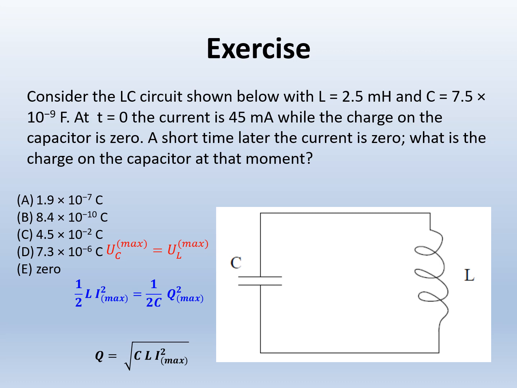So we can say that the maximum energy in the capacitor equals the maximum energy in the inductor, and write two expressions. Use the energy expressions for the inductor and the capacitor to write an equation, and from that equation we can get the charge in the capacitor at that moment. And using the information that is given, we can come to the answer.